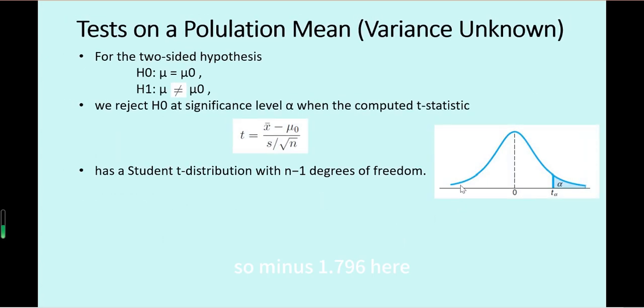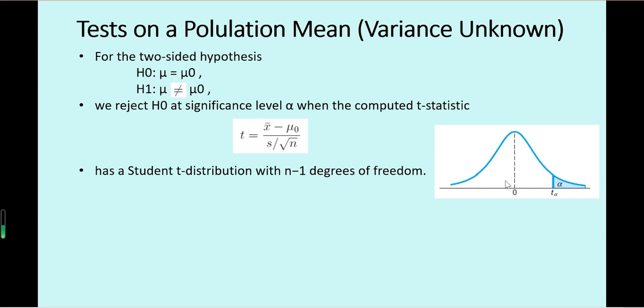So minus 1.796 here at 0.05 significant level alpha. So which means on the left side of minus 1.796, the area has 0.05 probability under this density curve, right?